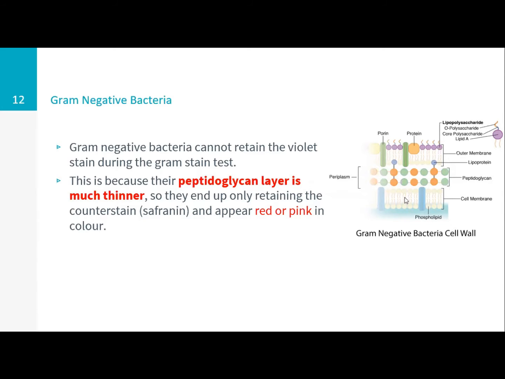This is the outer cell membrane. So what happens is that after the decolorization phase, you could use an alcohol-based product. It is going to degrade this layer. And since this wall is relatively thin compared to that of the gram-positive organisms, it has no other option now but to seep through. So the principal stain that was used, much of it will not be retained. Much of that color will not be retained.